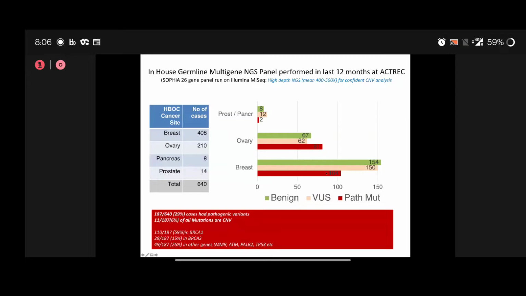You also get VUS, this orange bar, and you have to learn how to deal with VUS carriers. About 6% of all mutations are copy number variations, and they are not just in BRCA1 and 2 but in other genes also, like the mismatch repair genes, ATM, PALB2, P53, etc. I think once you learn how to deal with BRCA1 and 2, then you get your hands onto the other genes.